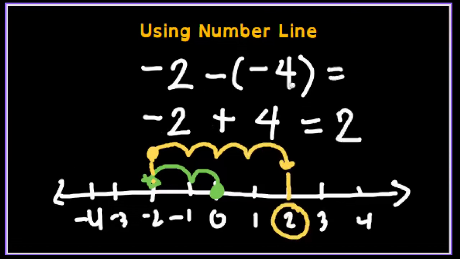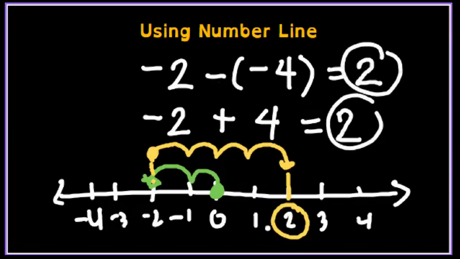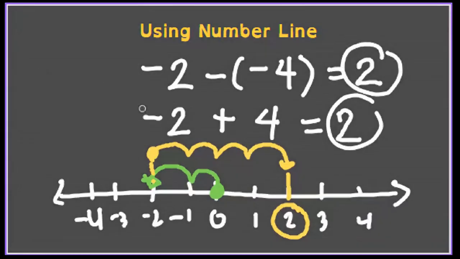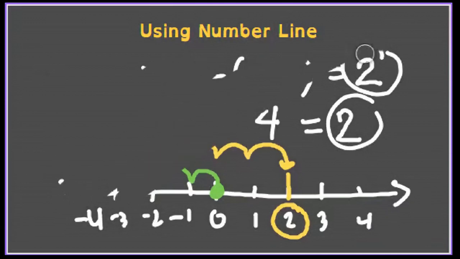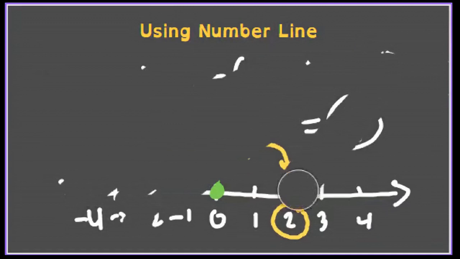Also, negative 2 minus negative 4 is also a positive 2 as well. Okay? So, that is how we subtract two integers using a number line. Okay? So, let's try more for us to understand the lesson well. Okay, let us erase this one.